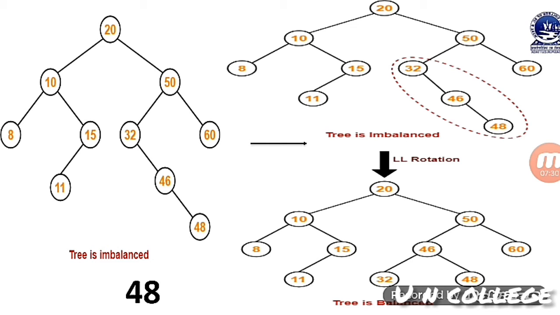The rotation may be left rotation, right rotation, left right rotation or right left rotation. We first find the imbalanced node by finding which node has 2 or -2, and we just make it balanced. It is very simple.